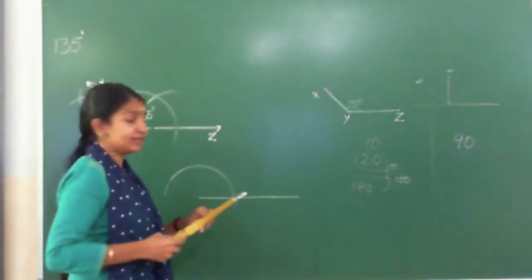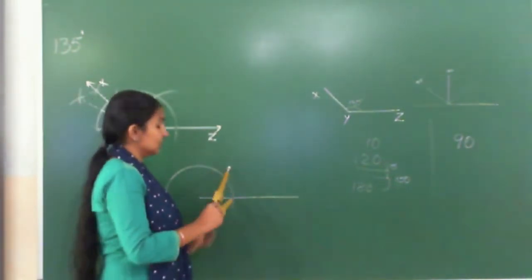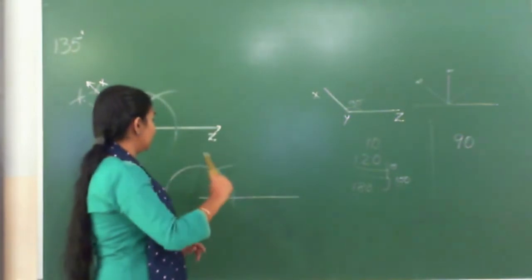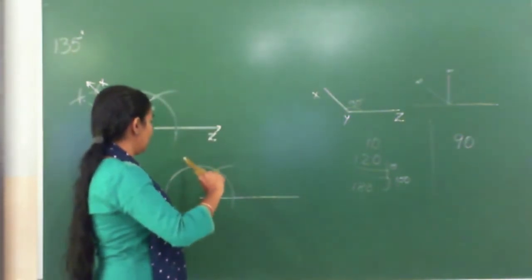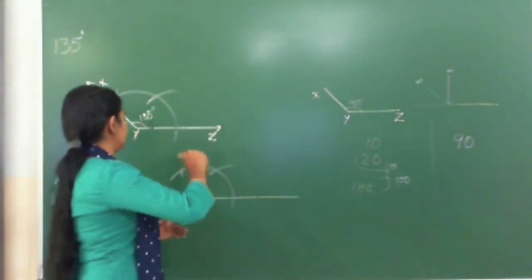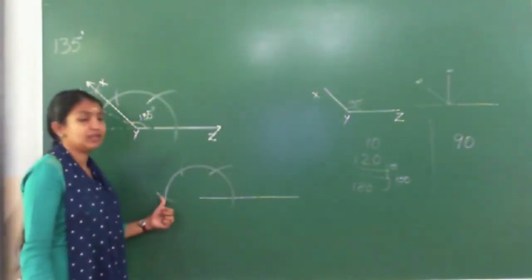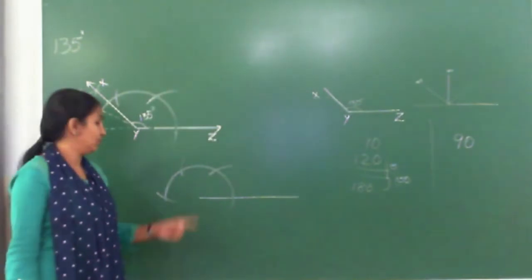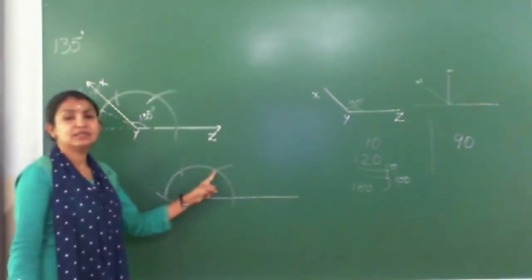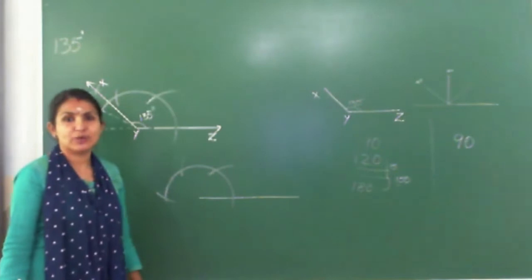So we construct first 60, after that 120, after 120 comes 180. After 180, what do we need? We need the 90 degree angle. For that we bisect this 60 and 120.